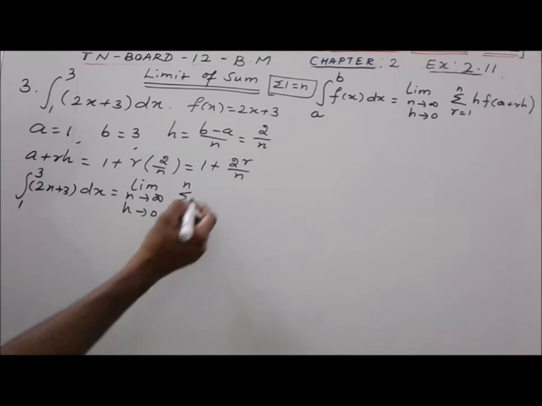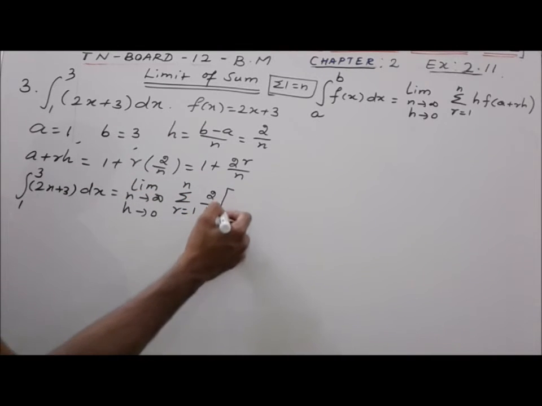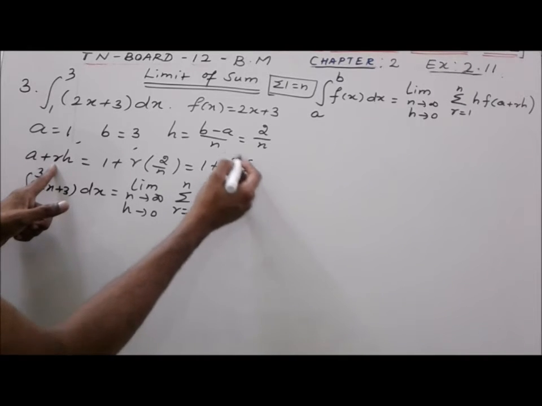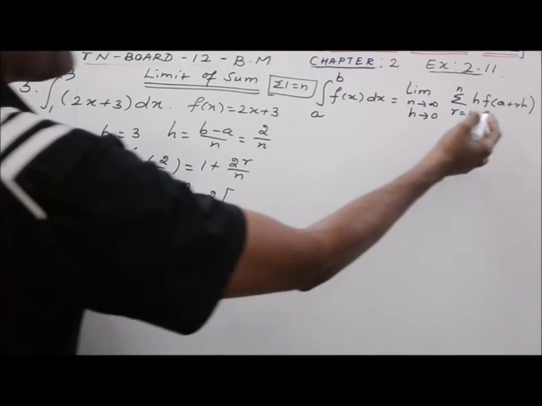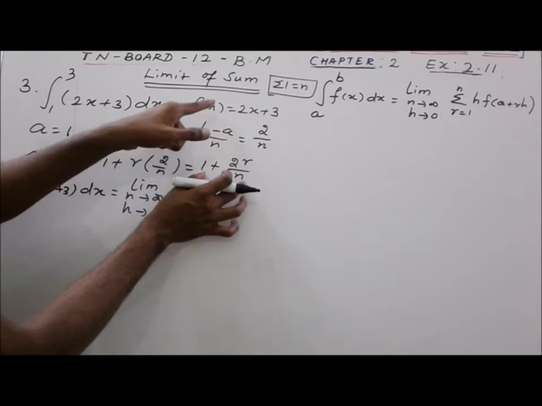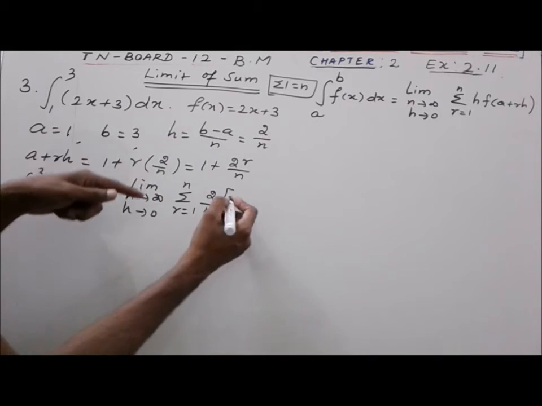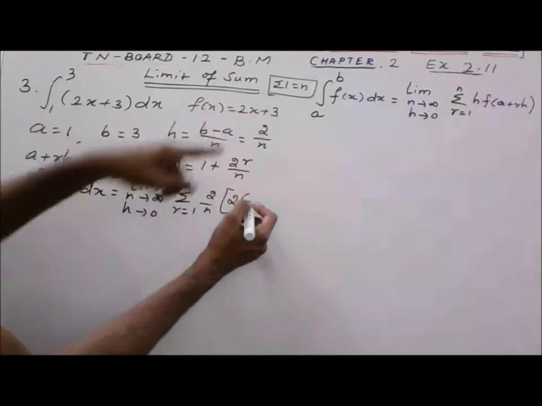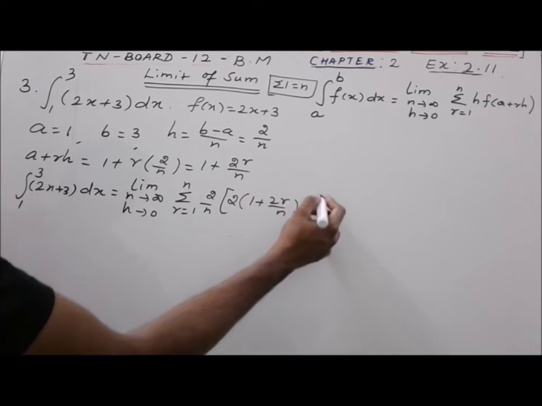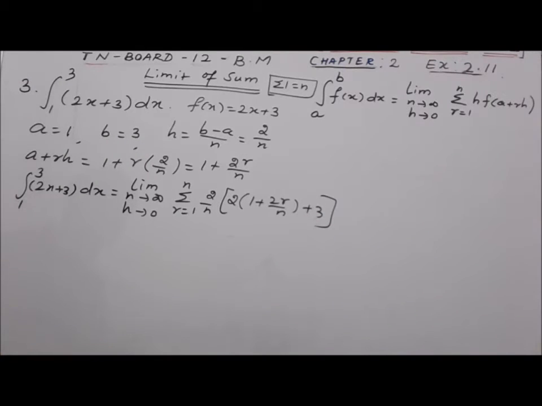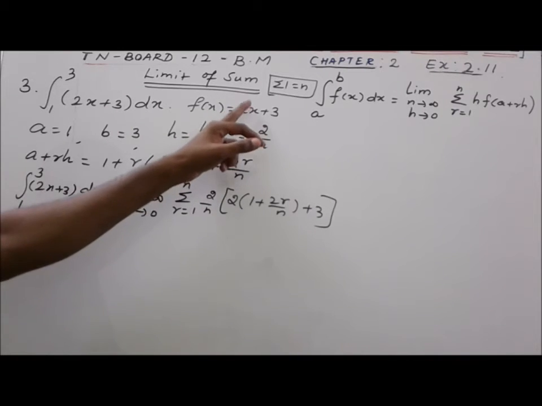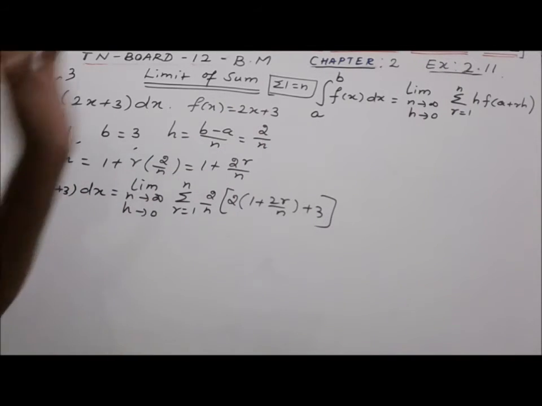The value of h is 2/n, and a + rh is 1 + 2r/n. f(a + rh) means substituting a + rh into the function in place of x, so 2 times (1 + 2r/n) plus 3. Are you clear here? That is very important. In the function of x, replace x with the value of a + rh, that's all.